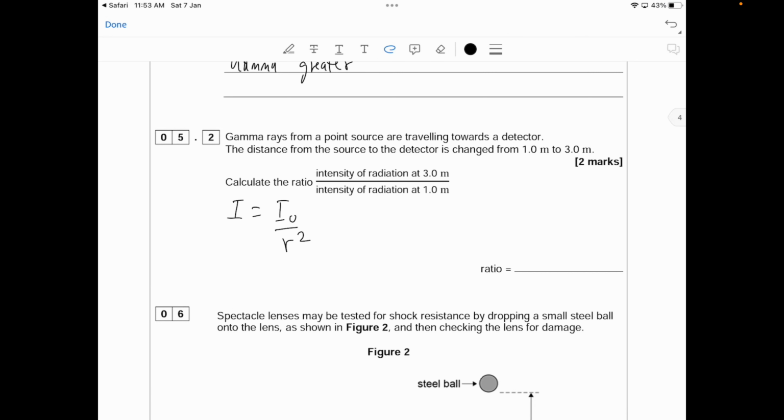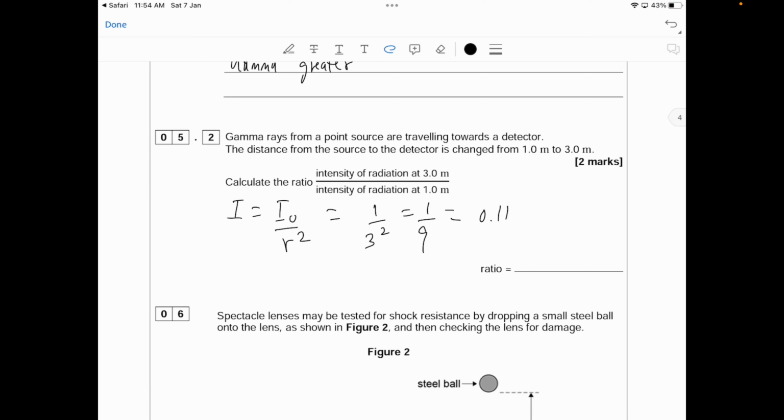So what we need to do is write down the distance changing. So we have I divided by I0, which is 1 divided by 3 raised to the power of 2, which is 9, which is 1 divided by 9. This is 0.11.